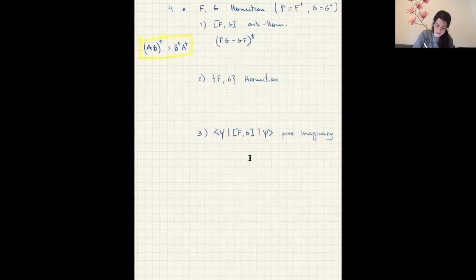If you do this here, then you get GF minus FG, but because each of these matrices is Hermitian, you can just replace it, and that's minus the commutator. Good, and the same happens here, so FG minus GF, sorry.